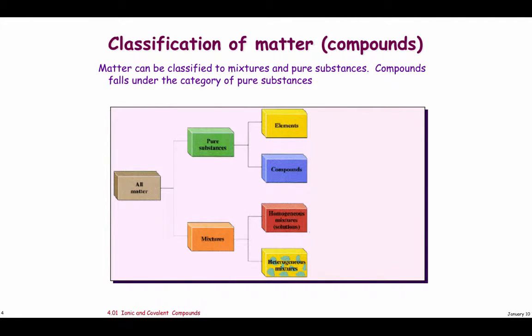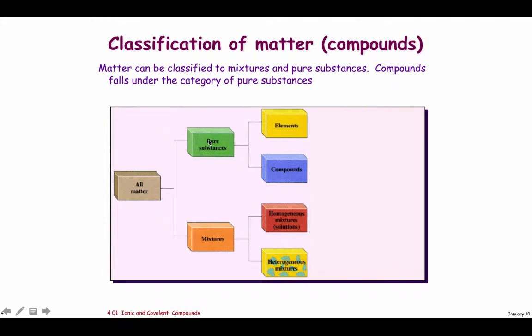Now let's go back and talk about matter again. Remember we talked about in chapter 1 or 2 that all matter can be separated as pure substances or mixtures. Mixtures can be broken down into homogeneous mixtures, in which the consistency is uniform, or heterogeneous mixtures, in which the consistency is not uniform.